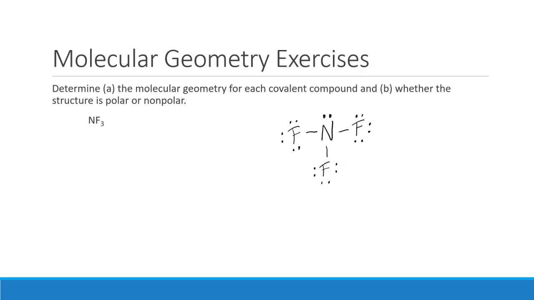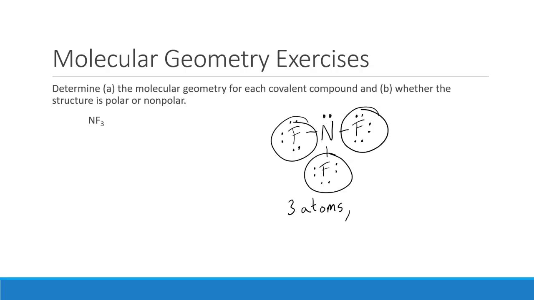So to determine the molecular geometry, the first thing we want to look at is how many atoms are around that central atom. And we have 3 atoms. And then in terms of lone pairs, we have 1 lone pair on the nitrogen. And remember, it's only the lone pair on the central atom that matters.